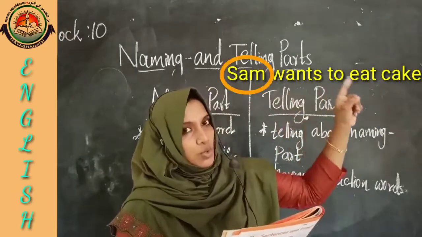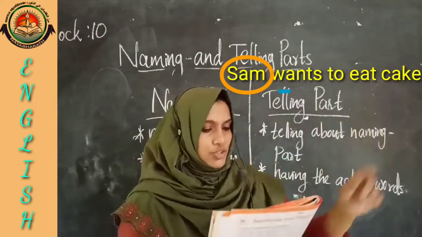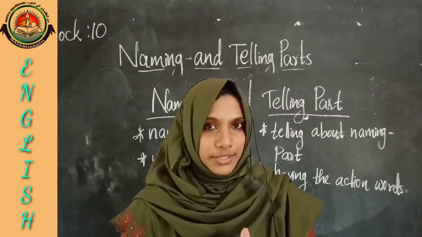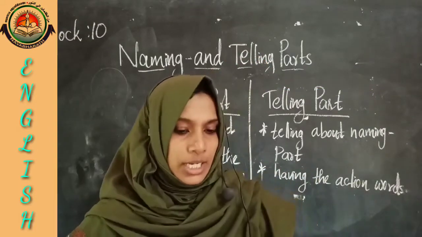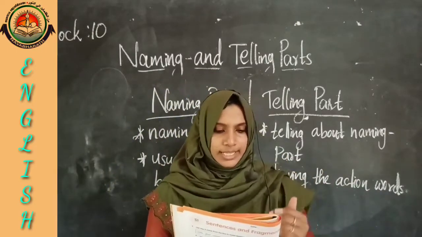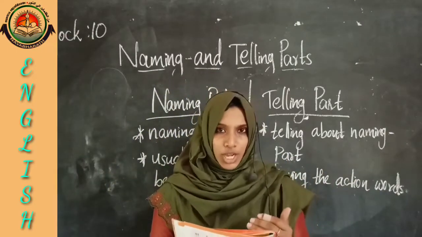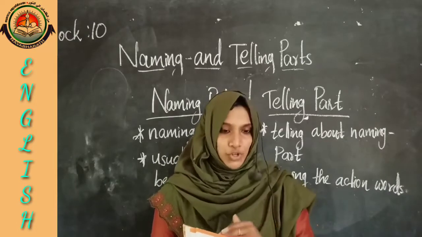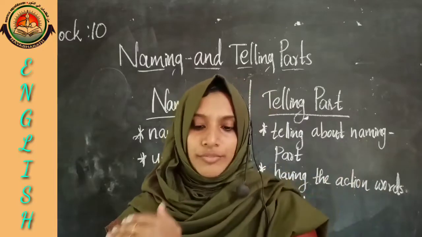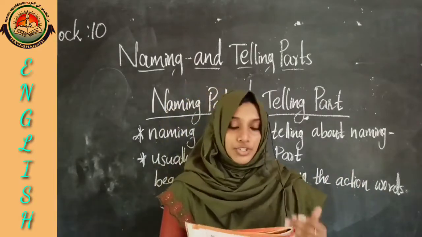Sam is the naming part, and wants to eat cake is the telling part. Then E, the children like chocolate. The children, naming part, and like chocolate, telling part. Then Sam is scared of the dark corridor. No doubt, Sam is a naming part, and is scared of the dark corridor is a telling part.